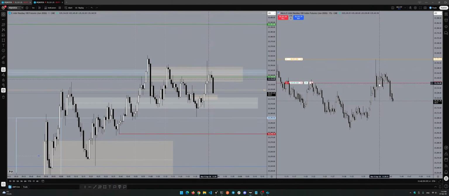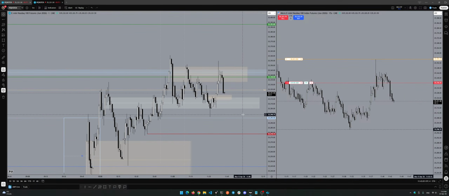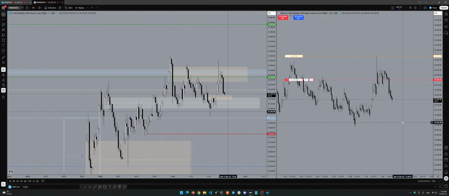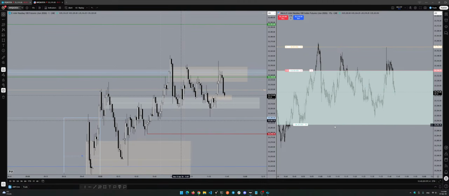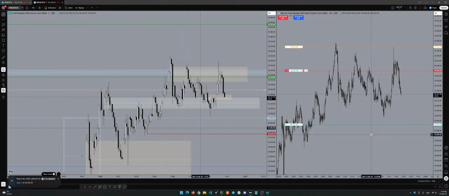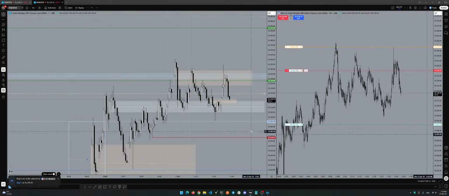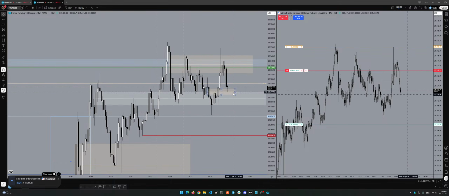Though it could have been a better entry inside the first presented fair value gap from Friday, but we'll see. And now my take profit should be this, probably, because it's the midpoint, top of the opening range gap, but I don't know if it will cross this or not.